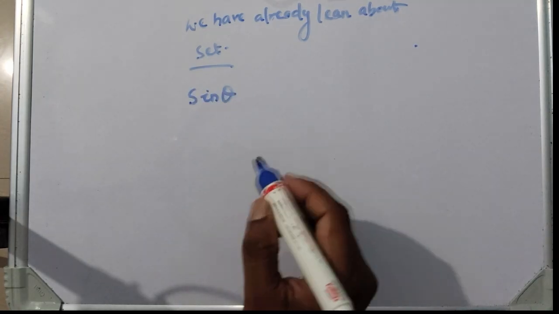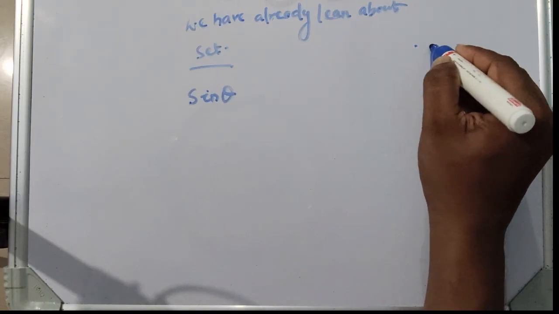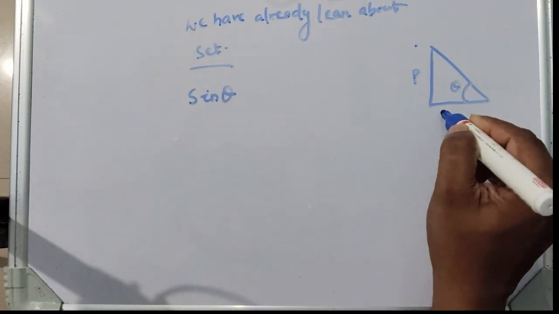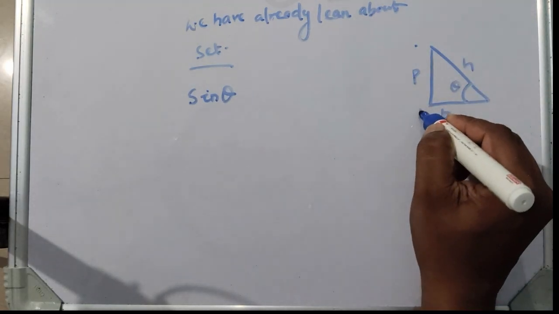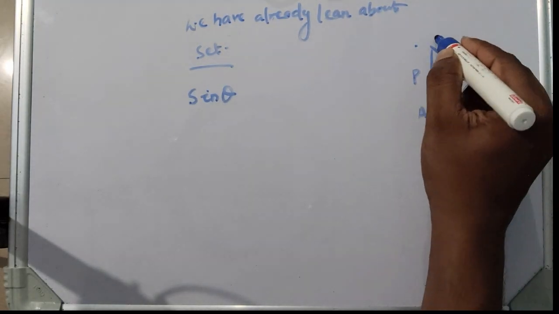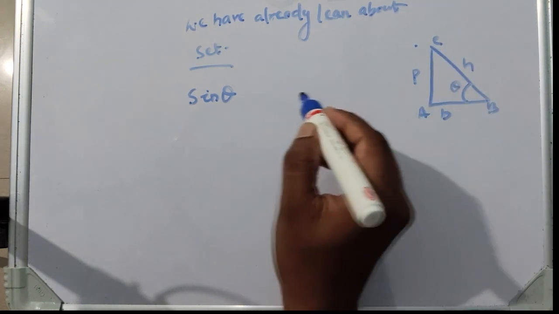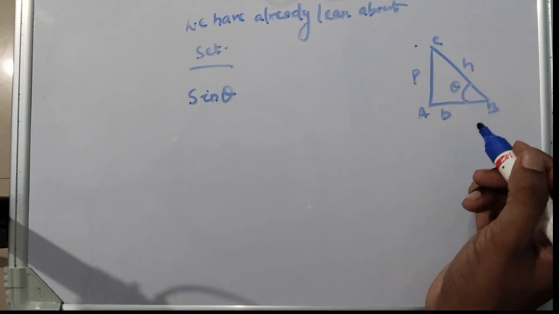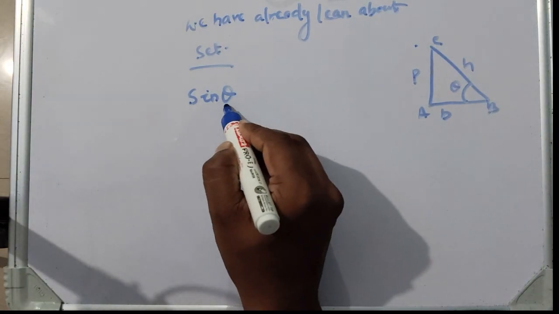And in triangle we know sine theta means it is perpendicular, it is base, and this is hypotenuse. If this is angle theta, then what is the value of theta?